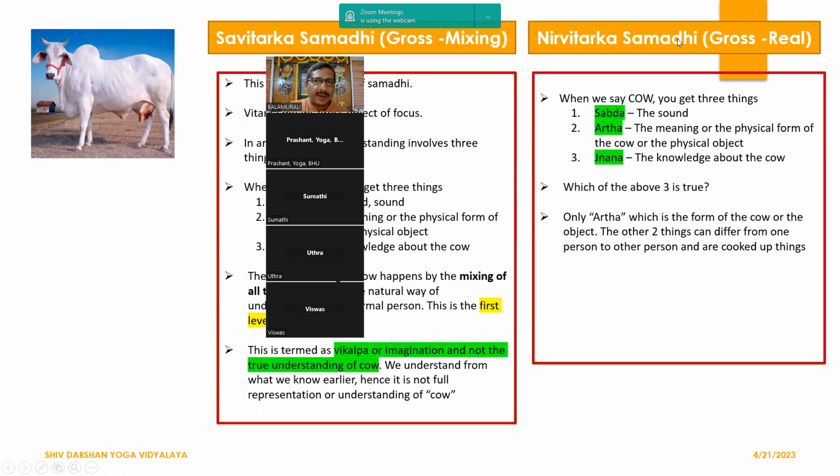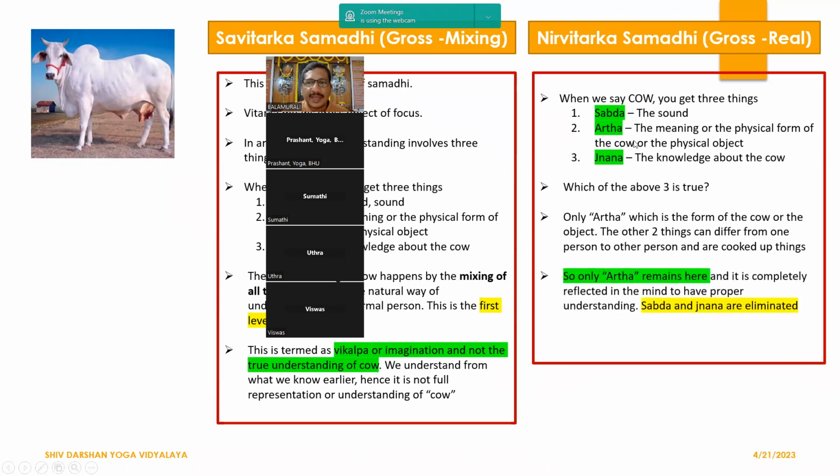In the second level of samadhi, these two go. Only the Artha remains. Is it clear? It's gross level. Initially, you see, a cow is a gross physical object, right? So at the physical level, the complete correct understanding of the physical happens in Nirvitarka Samadhi.